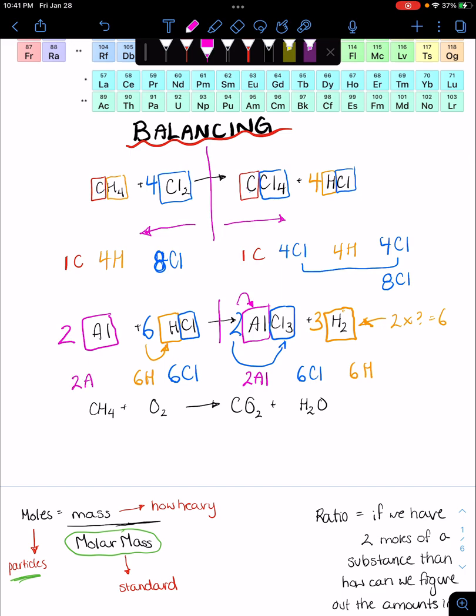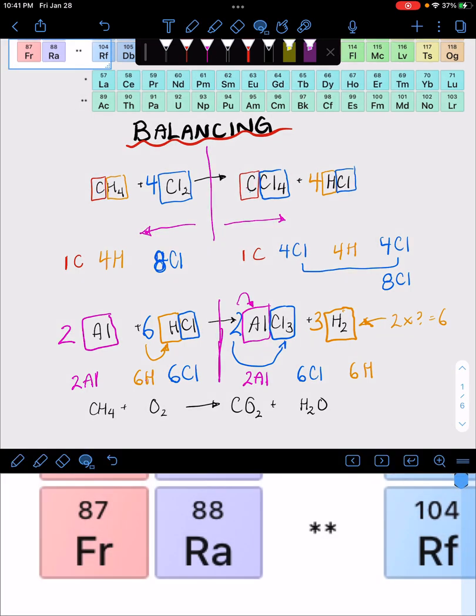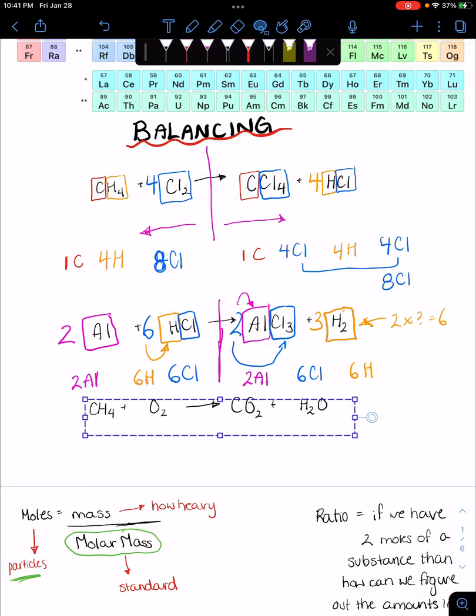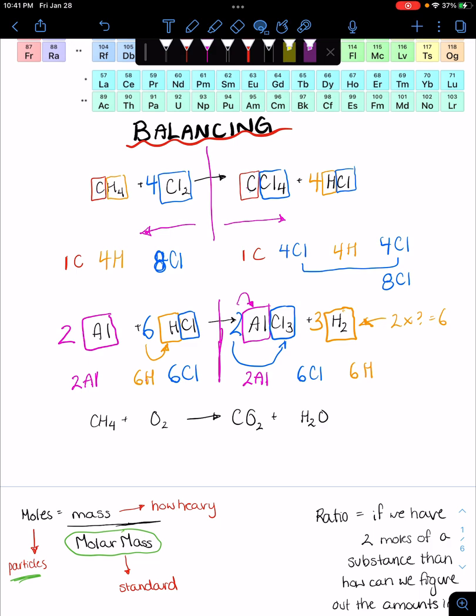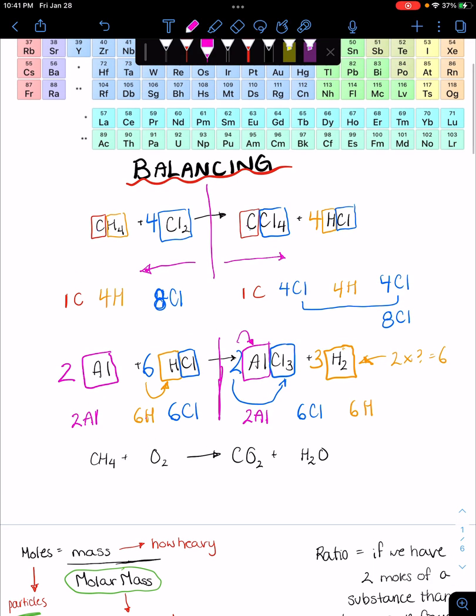And so you can see on this side, we have 2 Al, 2 Al, 6 H's, 6 H's, 6 Cl, 6 Cl. Hopefully it's starting to look a little bit more clear.